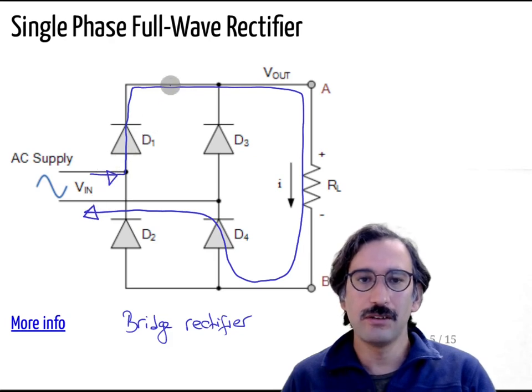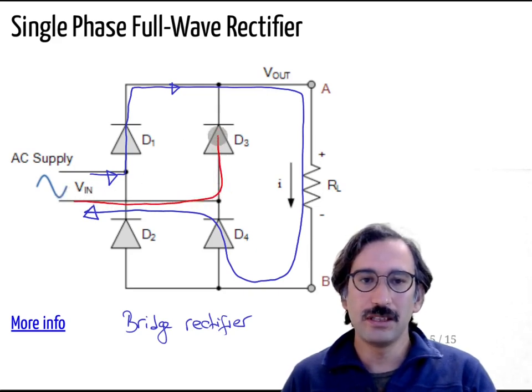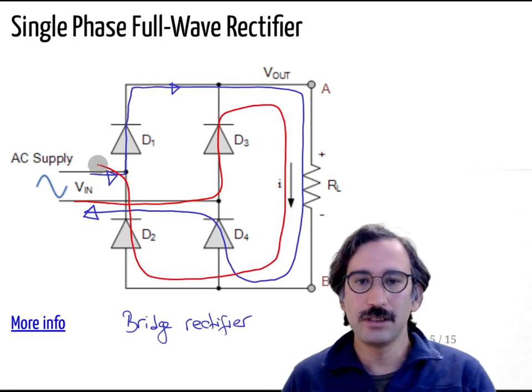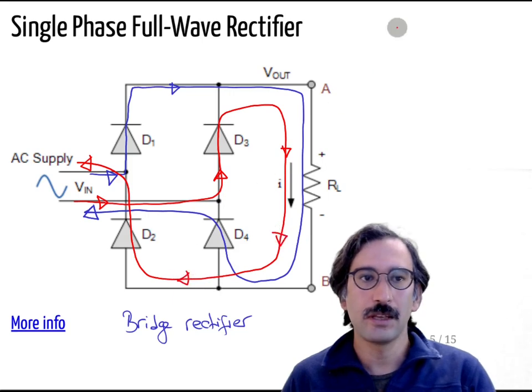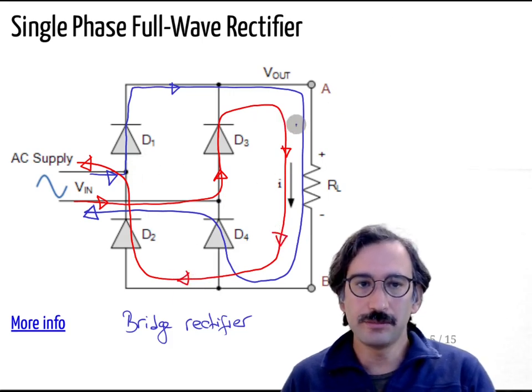However, when it is negative, it will flow through that path and come back like that. Let me put the current directions, and let me do the other one as well.